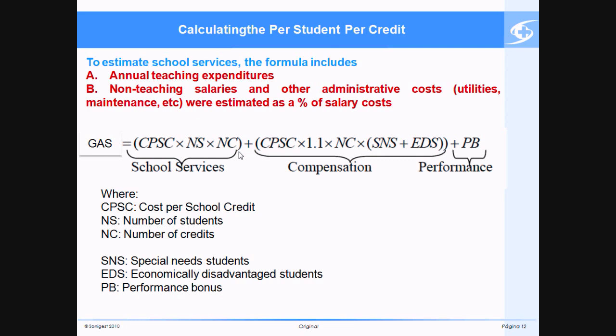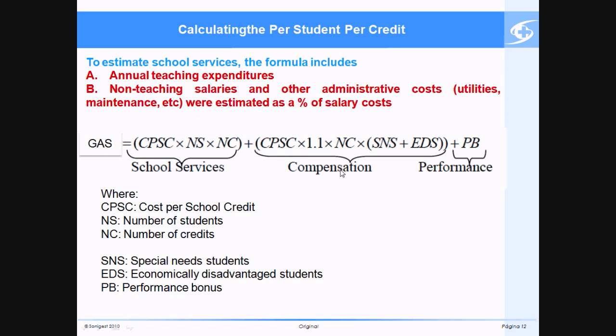The compensation-based grant seeks to provide additional adjustments or compensations for students with special academic needs or that are economically disadvantaged. Therefore, a school with these students would be given additional grants to compensate for the additional services that would be required to ensure that these students are successful.